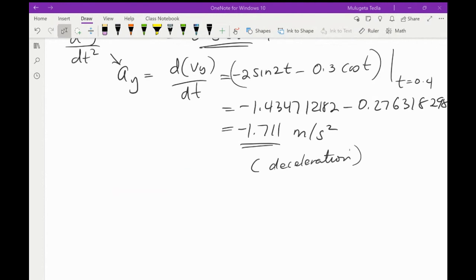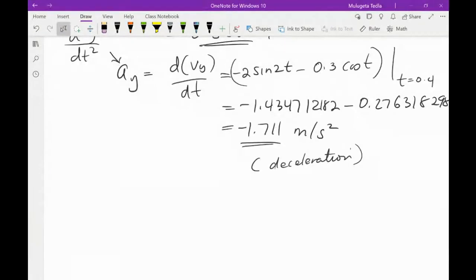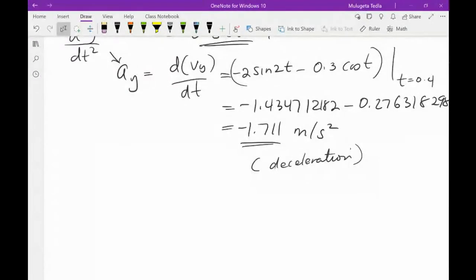A negative acceleration is a deceleration. It's slowing down, not accelerating. I don't know if I answered your question.